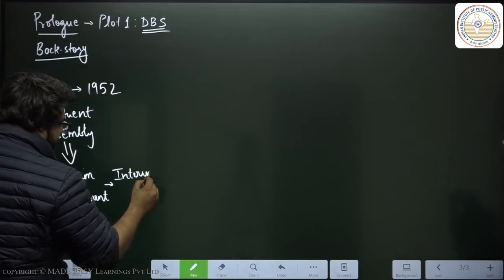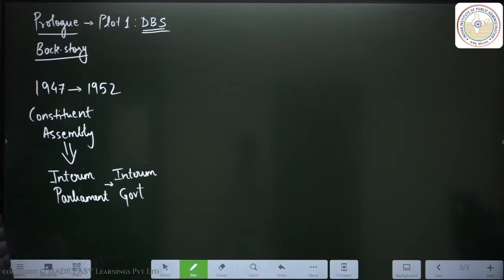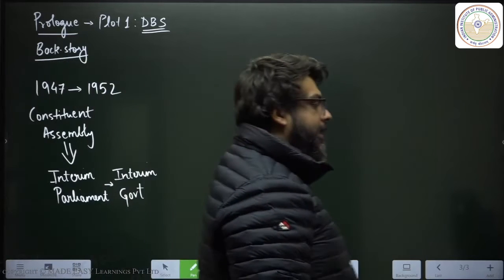And they had a mammoth task to figure out what can we do to solve the issues of our country, right?